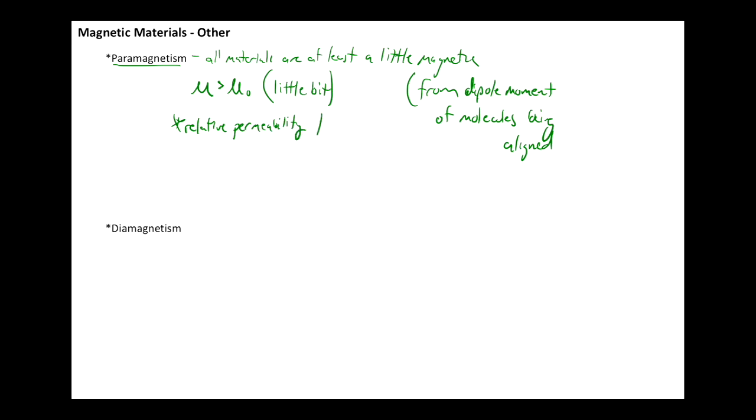And for that, we're going to use kappa sub m equals mu over mu naught, or excuse me, not mu naught over mu, but mu over mu naught. So it's just a ratio comparing how much larger the permeability of the material is to the permeability of free space. And then there's also something known as the magnetic susceptibility.